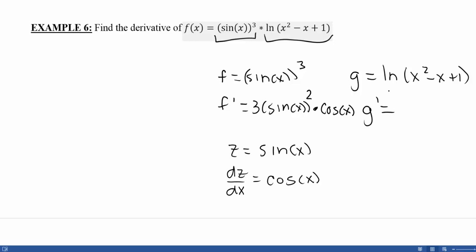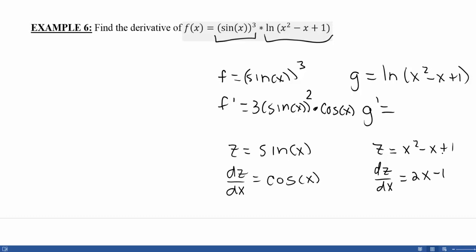In order to get g prime of x, I also have to do a chain rule. For the g prime of x part, my z substitution is going to be x squared minus x plus 1. And my dz dx is then 2x minus 1.